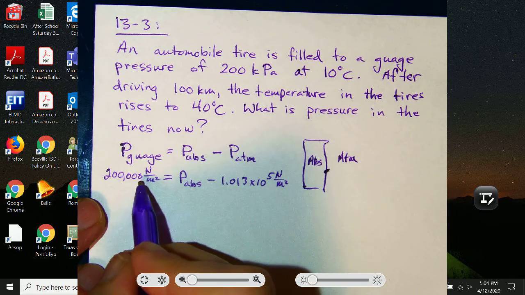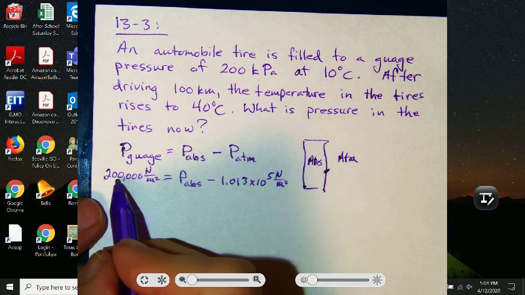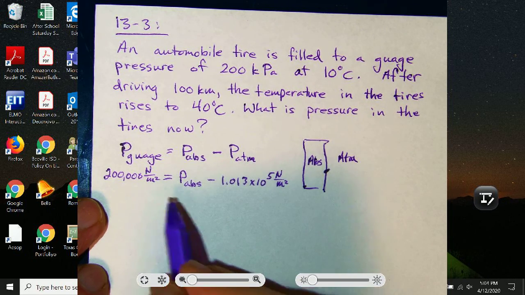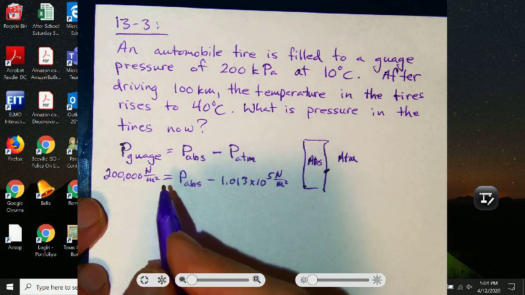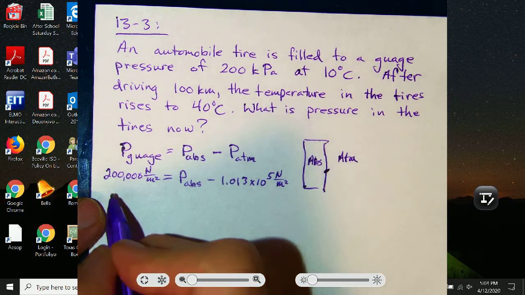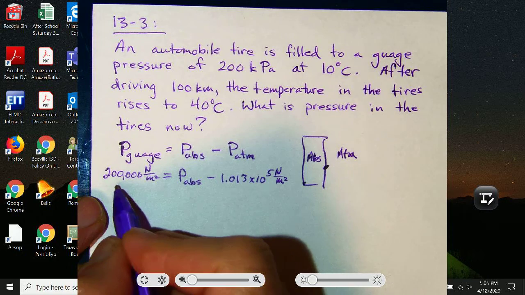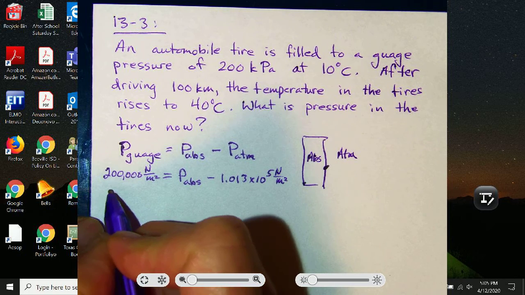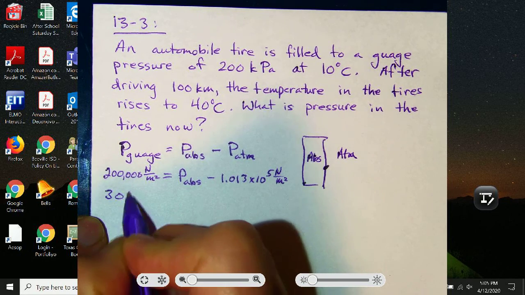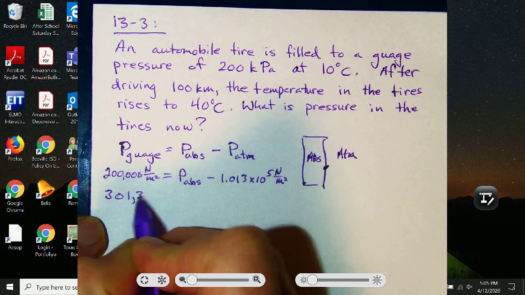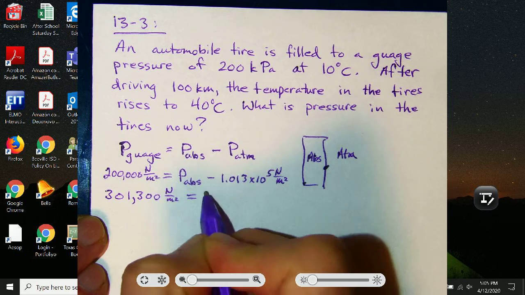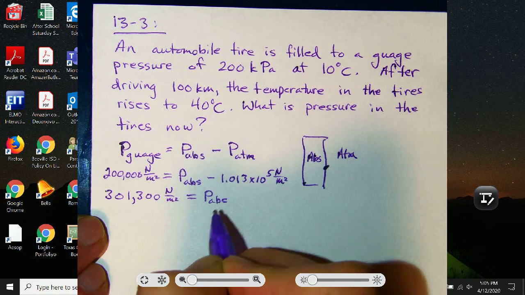I count the zeros here: 1, 2, 3, 4, 5. So this is 2 times 10 to the 5th newtons per meter squared. I can just add this to here, and what we get is 301,300 newtons per meter squared equals our absolute pressure.